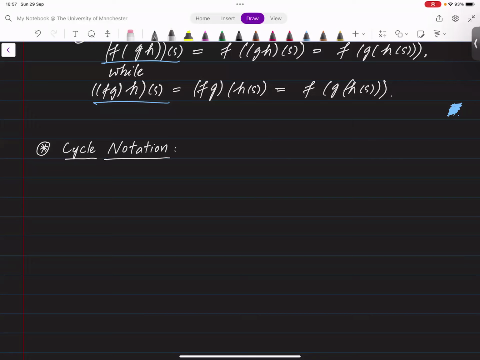The notation we are using at this time, let's say we have a permutation, is that we have 1, 2 up to n, and for that we have f of 1, f of 2 up to f of n.